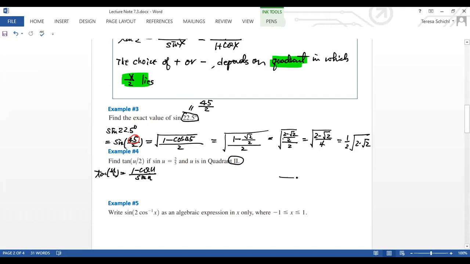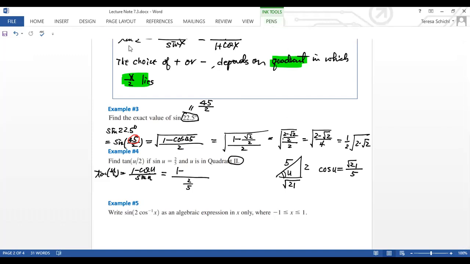Okay, so now let's take a look here. This is my u. So the sine is equal to 2/5. So this is 2/5, and by the Pythagorean theorem, this is square root of 21 here, right? Okay, so now this is 2/5, and cosine u is equal to the adjacent over hypotenuse, which is square root of 21 over 5.